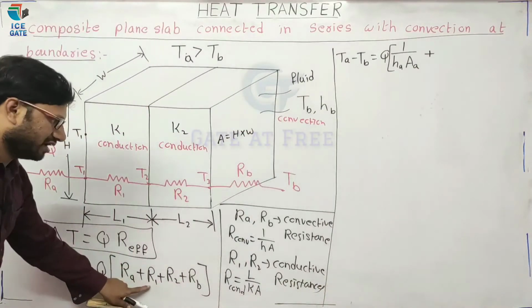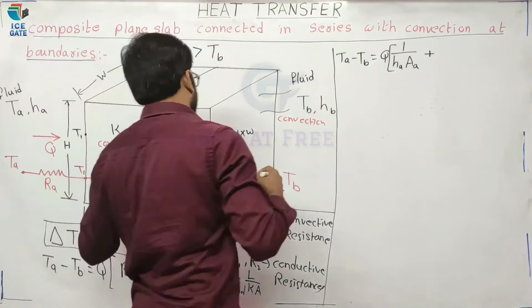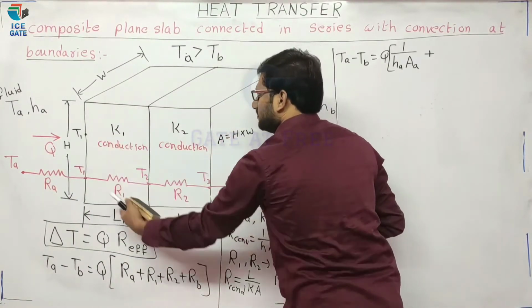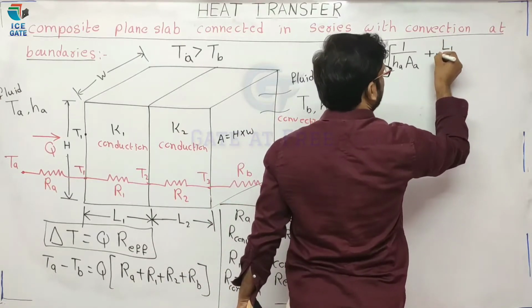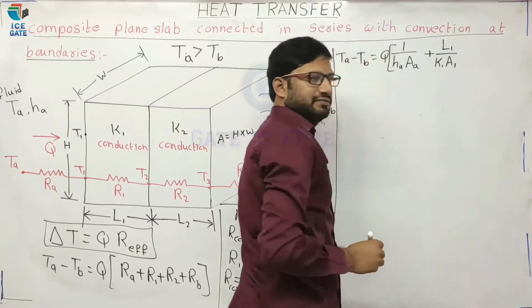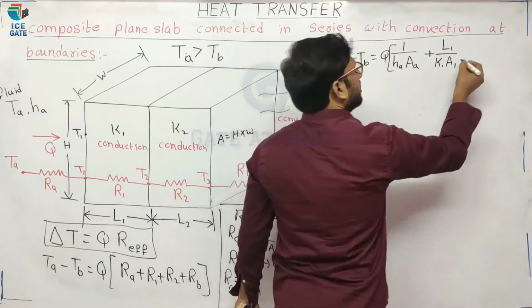What is R1? R1 is conductive resistance. What is the formula? L by K. Now what is R1? The resistance occurred in the first plane slab. So the thickness of the first one is L1 divided by K1 into A1. Okay. All areas are same, but just represent here.